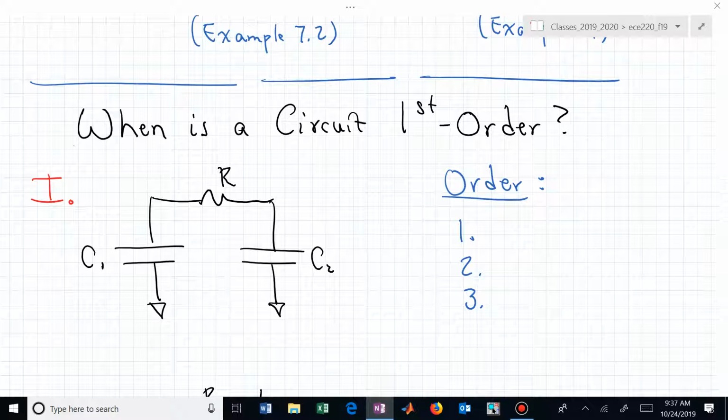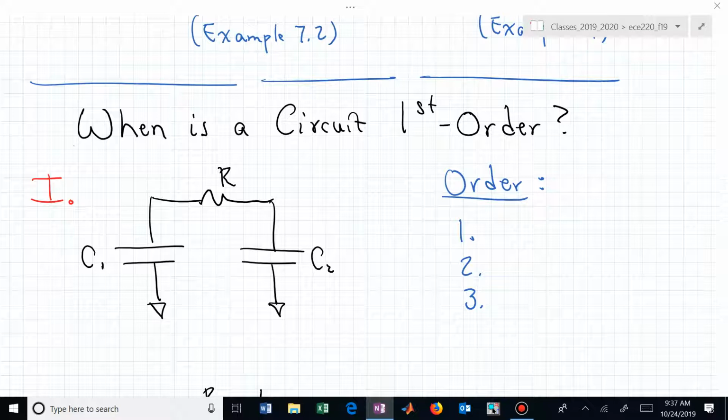There was no energy storage to give us some delay or exponential behavior in our circuits. When we have energy storage devices, that's when we have order. And generically, if we have 4 energy storage devices, 2 inductors and 2 capacitors, let's say, generically that would be a fourth order system.